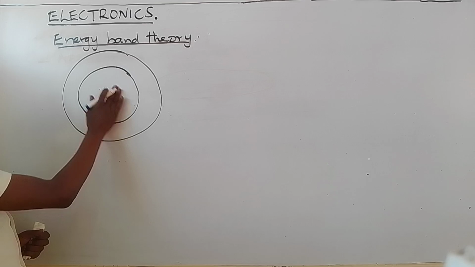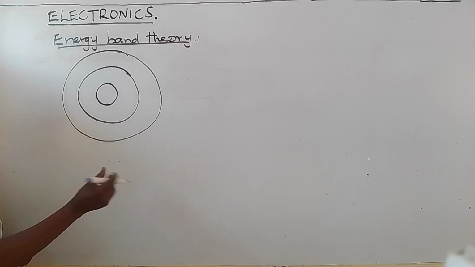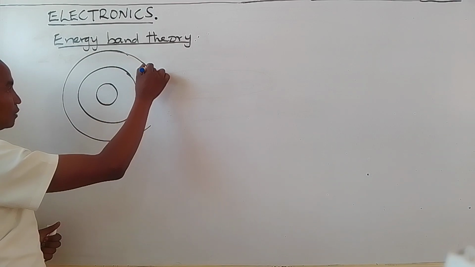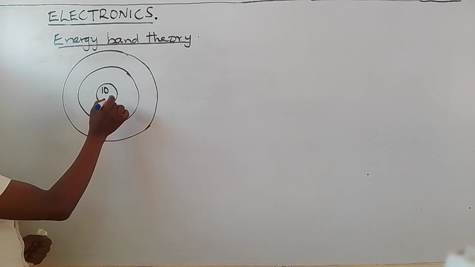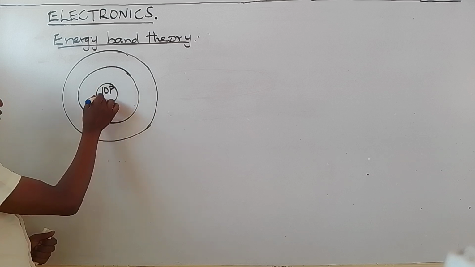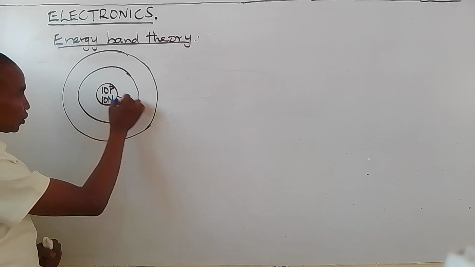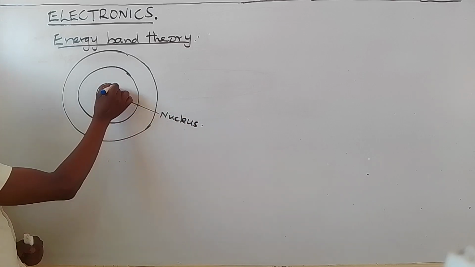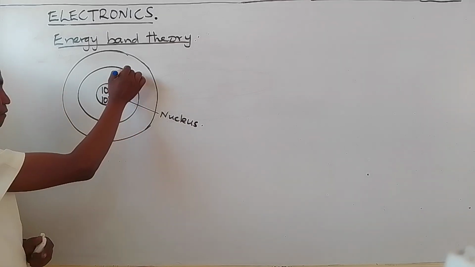I can consider an atom of an element like neon, which is atomic number 10. Neon will have 10 protons and 10 neutrons, enclosed in what is called the nucleus of the atom. Protons are positively charged, while the neutrons carry no charge; they are neutral.